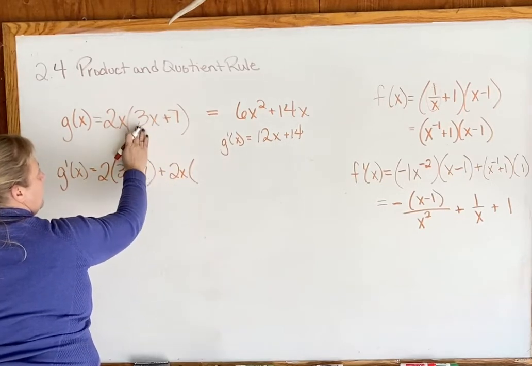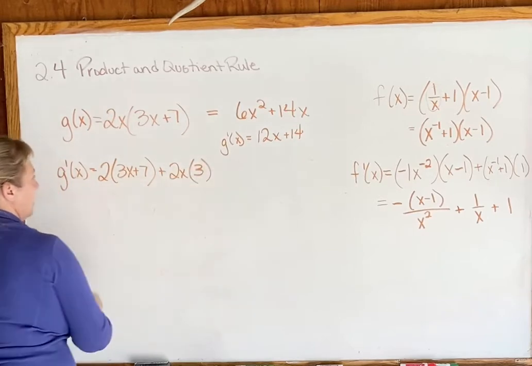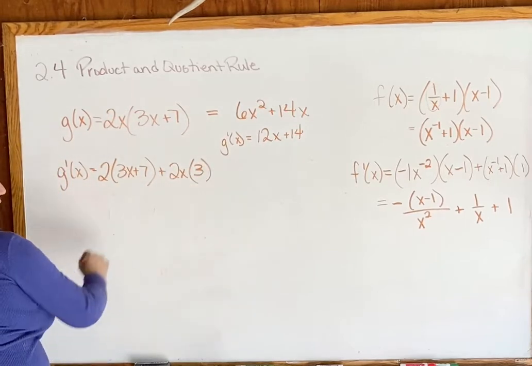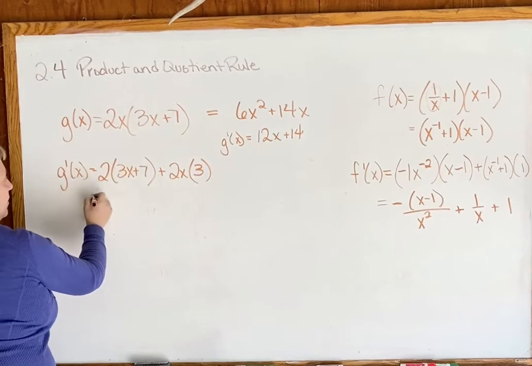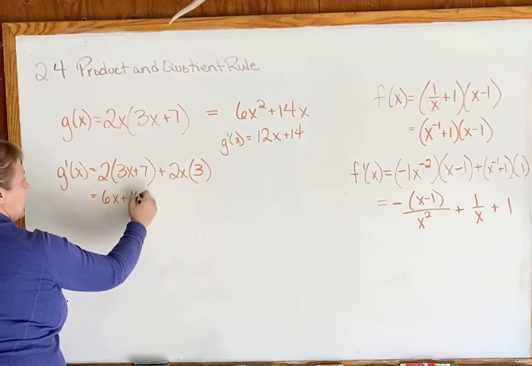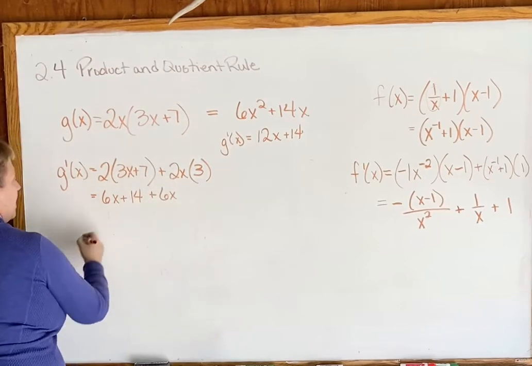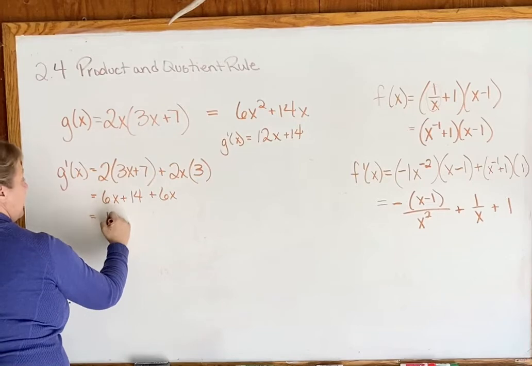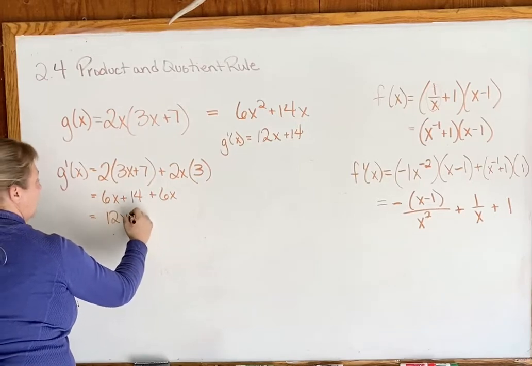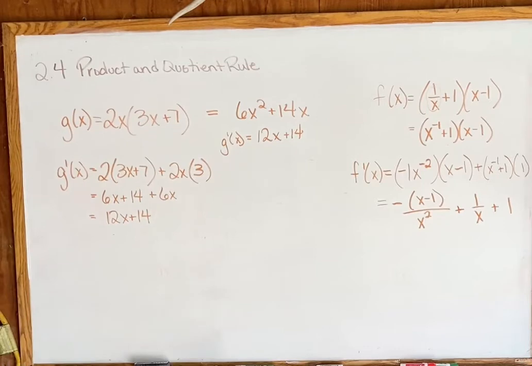Now the derivative of the second is just going to be the 3, isn't it? Okay, now we have some distribution that we can do. So we have 6x plus 14 plus 6x over here as well, which when we put this all together equals 12x plus 14. And lo and behold, that's the same thing it equaled over there.